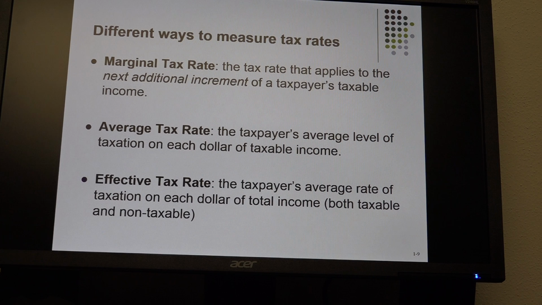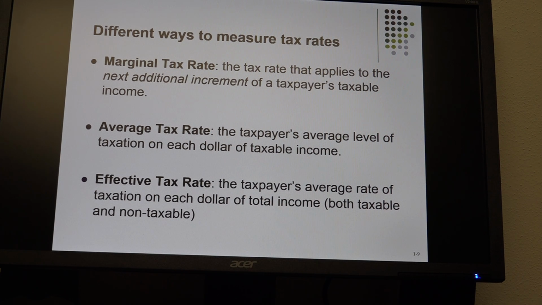Then last is the effective tax rate. This is the taxpayer's average rate of taxation on each dollar of total income, both taxable and non-taxable. Understand, some items of income are not taxable, and so you don't include those in the marginal tax rate or the average tax rate, but you do when you're trying to figure out the effective tax rate.